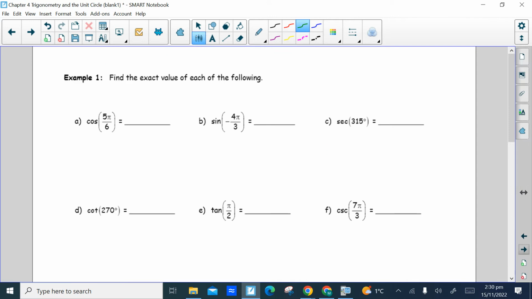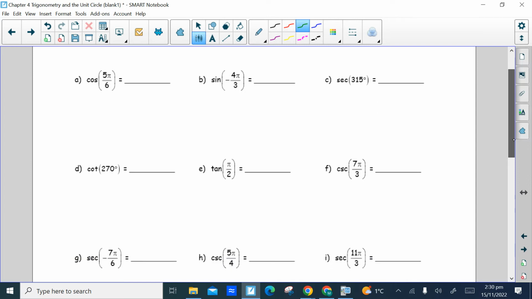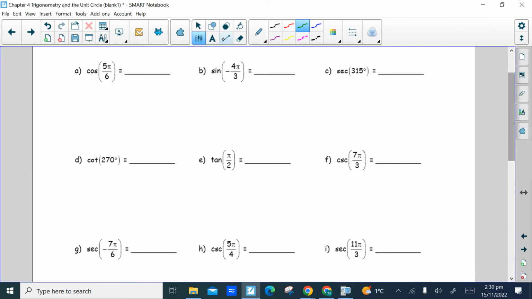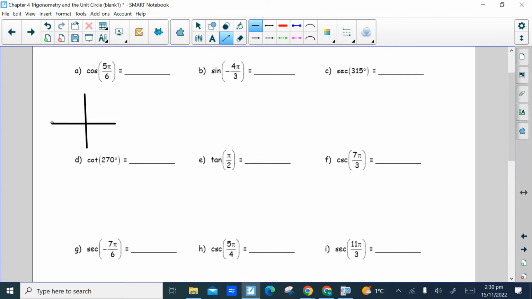So, like we did last class, we can find the exact value of each of the following. So that tells us that they're on the unit circle somewhere. The only difference now is that we're going to have some reciprocal ratios in here as well. And we'll do them the same way we did them last class. We'll figure out which quadrant our terminal arm lies in.